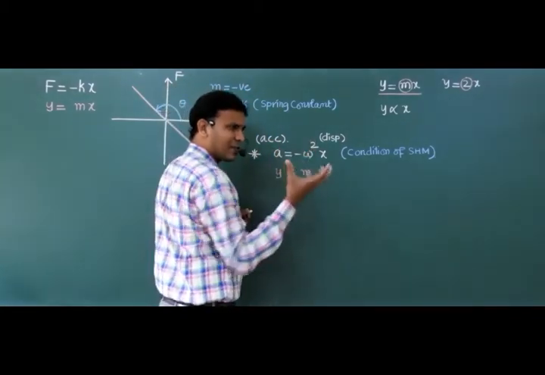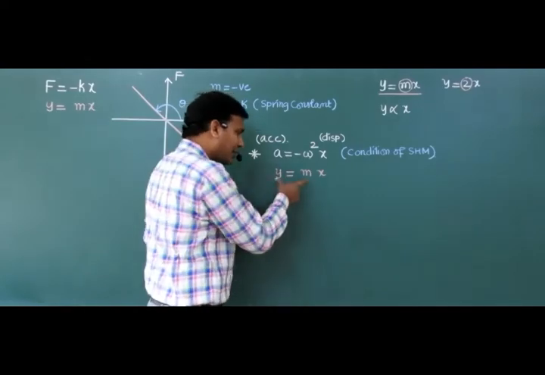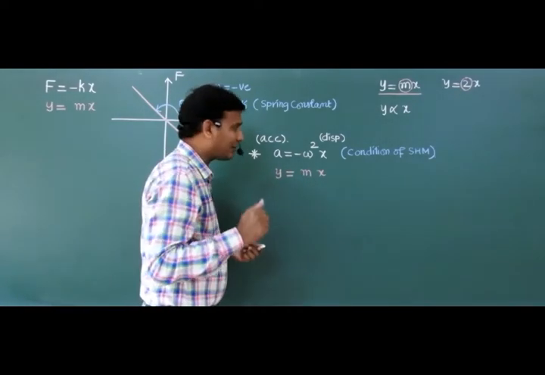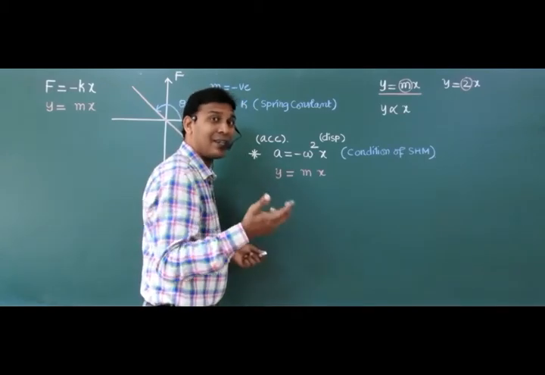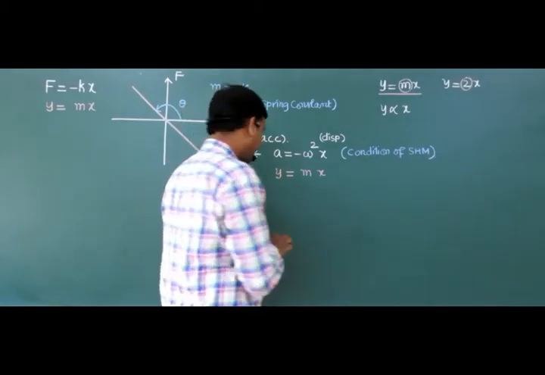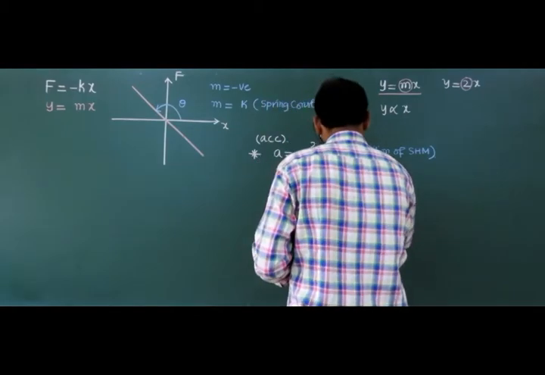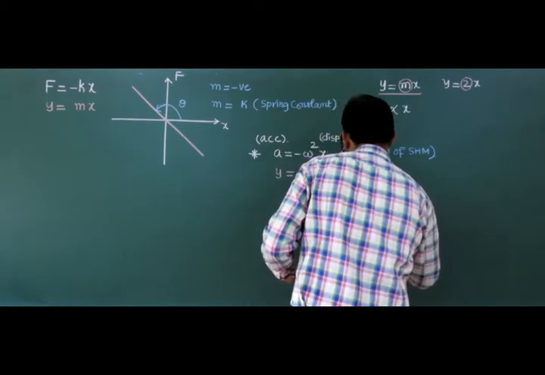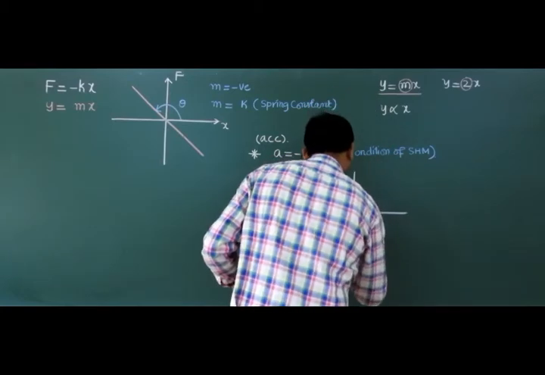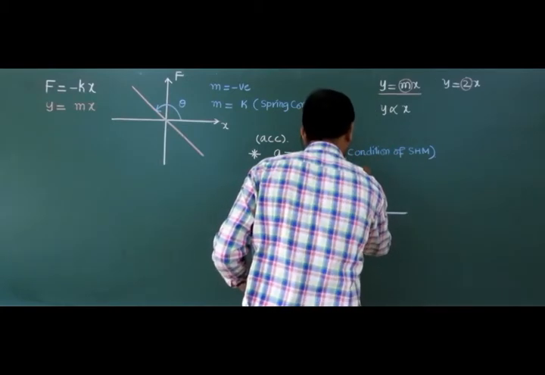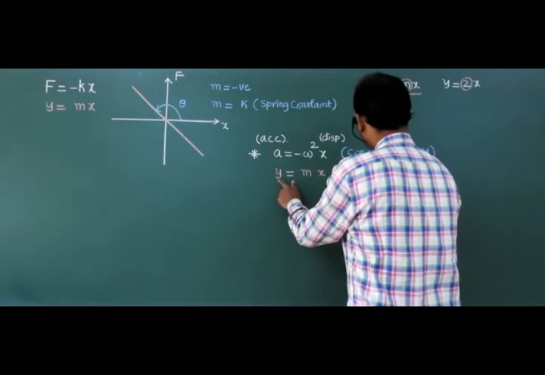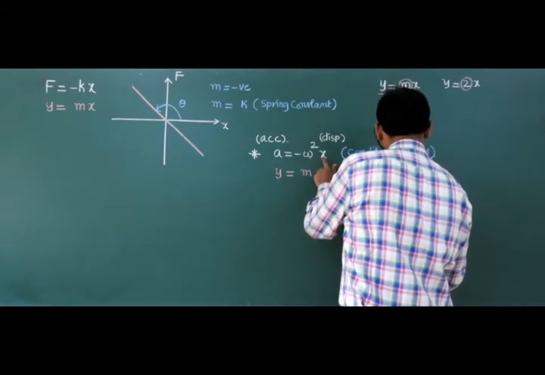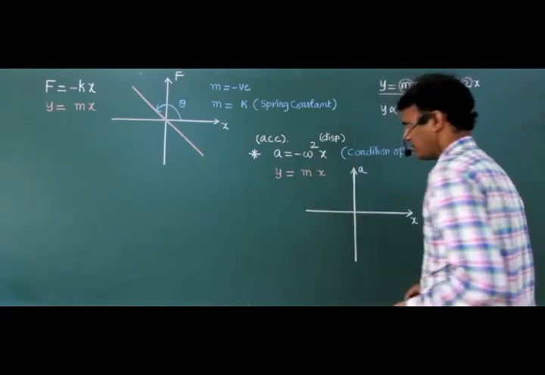Just this is one physics relation. It is in the form of y is equal to mx. Then what is the nature of the graph? The nature of the graph is, if you consider the xy plane, along y is A, and along x is displacement.